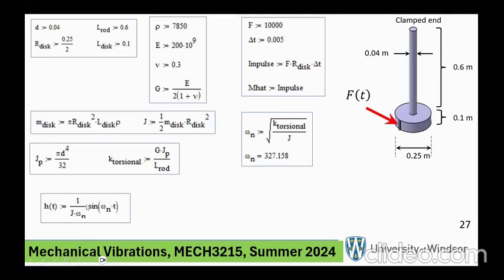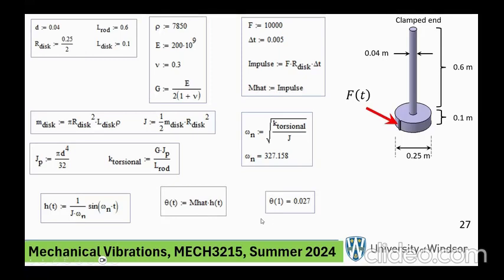This is the unit impulse response due to the unit impulse. Ordinarily, if we have an m hat here, that's going to be the response itself. But we do have an m hat. M hat is right there. So we just take that, whatever this value is, and multiply it by this fellow, and this is going to be the response of that disk.